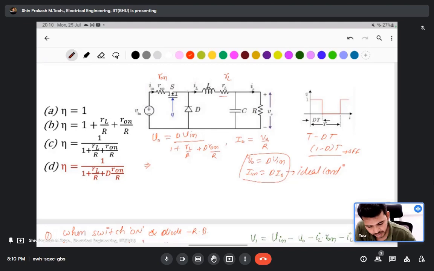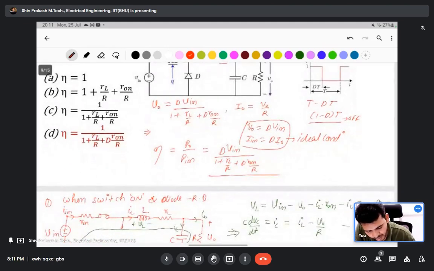If you take this in, you then find the efficiency is equal to P naught by P in, which is equal to D V in into I naught, divided by V in into I in, which is D I naught.